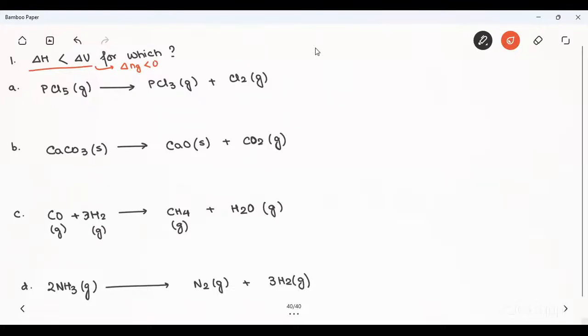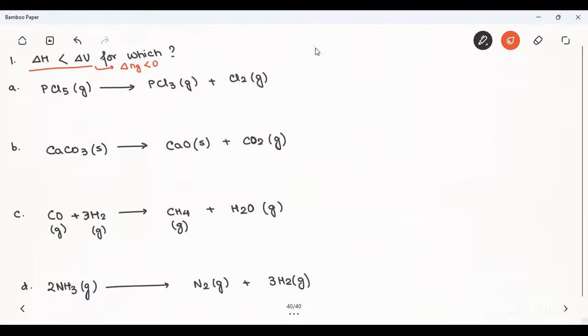Ma'am, what is meant by G there? G here is gas. Ma'am, why did you write H2O as gas? H2O will be water, and it will be liquid. It can be vapor also. Okay, ma'am, water vapor also.